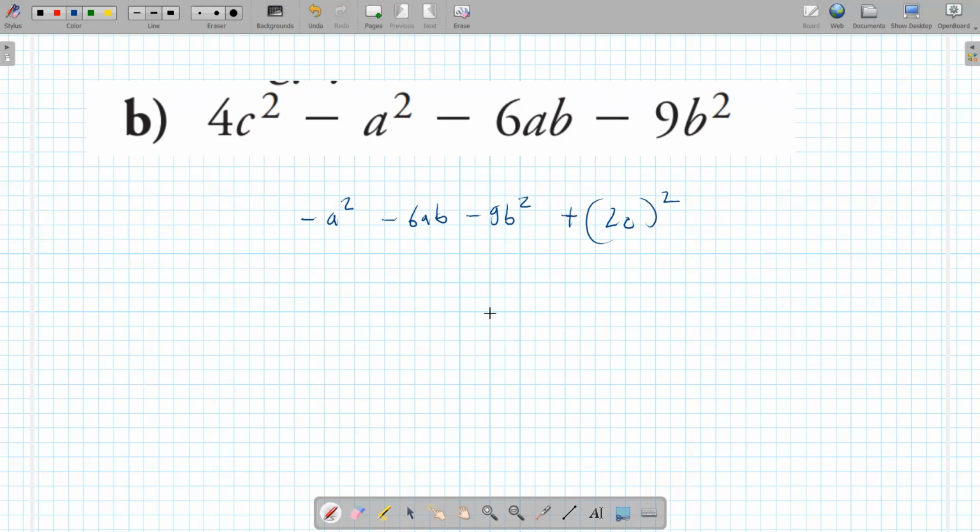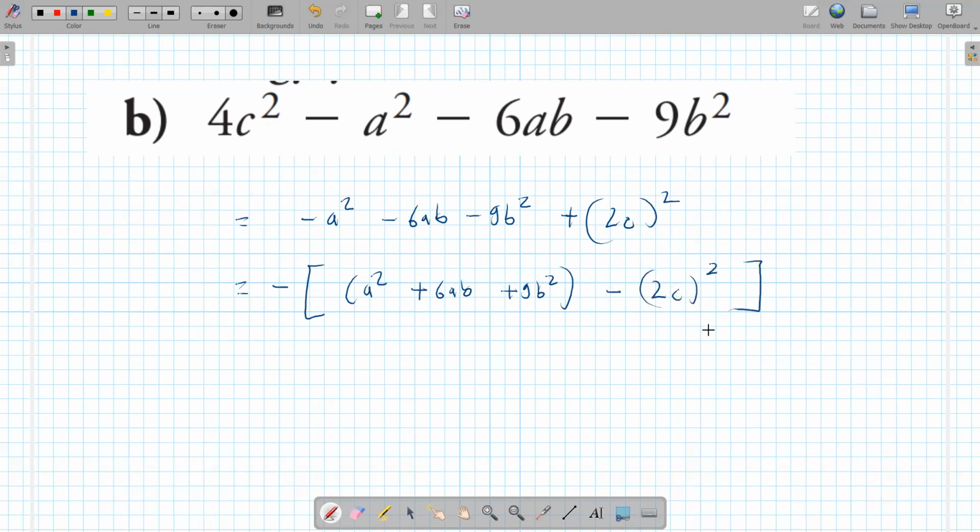Do we have a formula for a sum of squares? We don't, okay? We do not have a formula for a sum of squares. So as it is, we can't really factor it. But what if we pull out a negative sign? The first one is going to become a squared plus 6ab plus 9b squared, yeah? Now look at this, this plus sign is going to become negative.